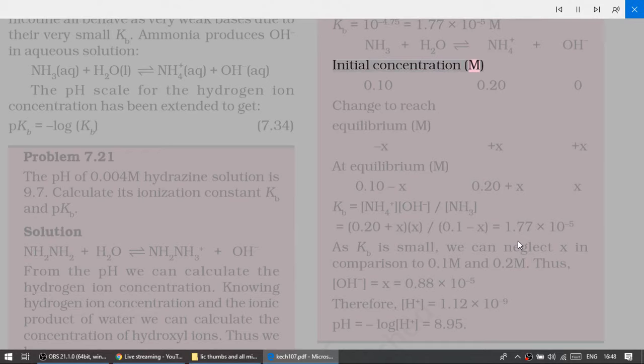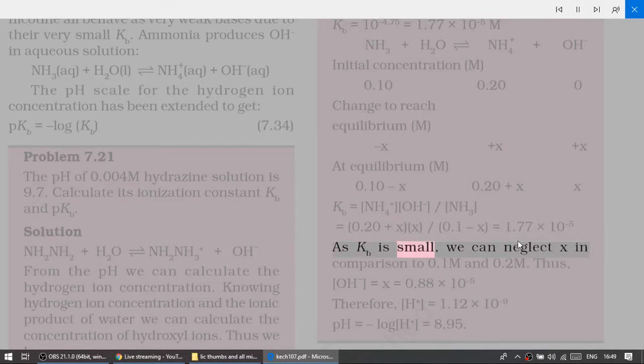NH3 + H2O ⇌ NH4+ + OH-. Initial concentration (M): 0.10, 0.200. Change to reach equilibrium (M): -x, +x, +x. At equilibrium (M): 0.10 - x, 0.20 + x, x. Kb = [NH4+][OH-]/[NH3] = (0.20 + x)(x)/(0.10 - x) = 1.77 × 10^-5.